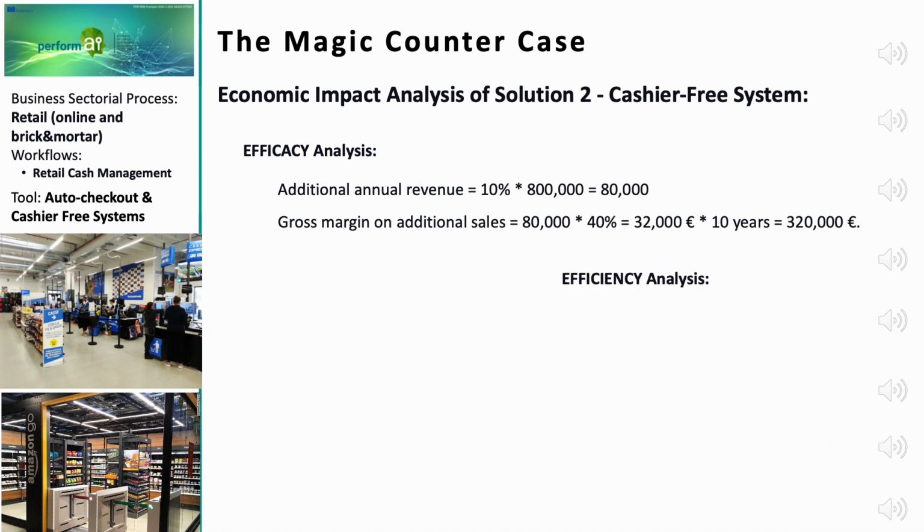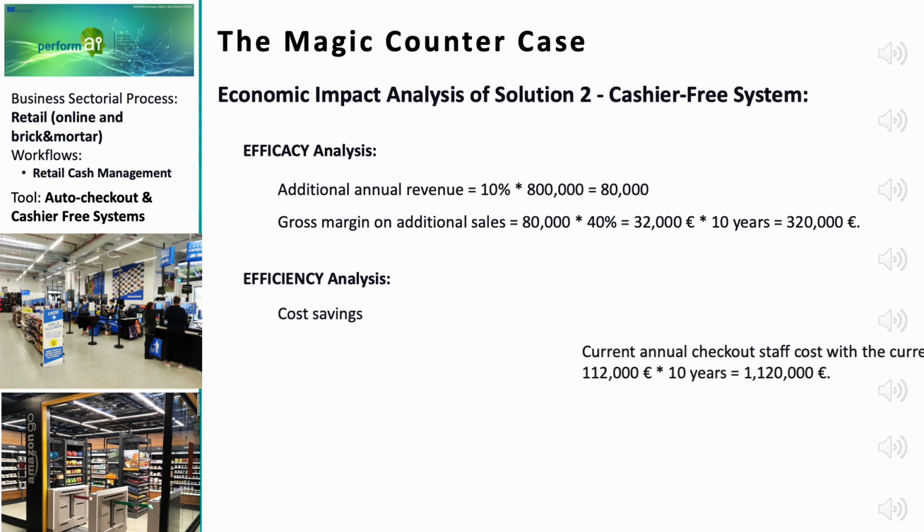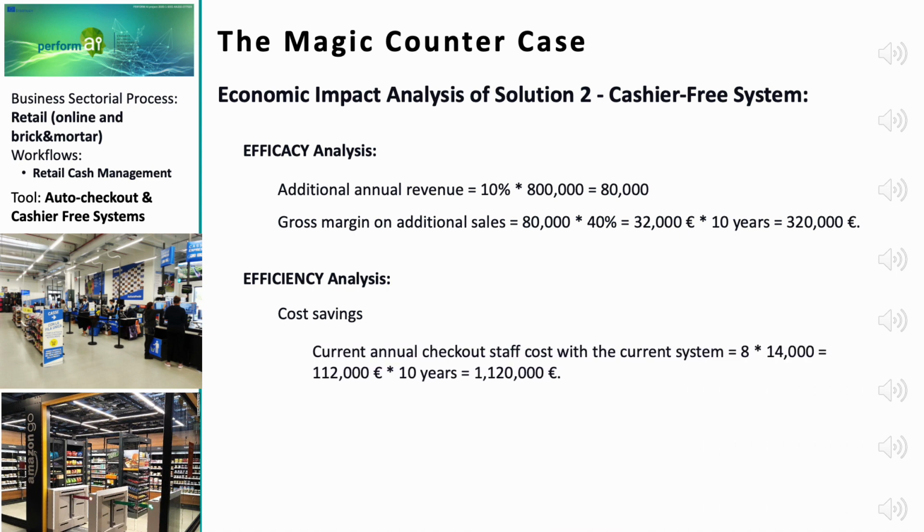Efficiency analysis. Cost savings. Current annual checkout staff cost with the current system equals 8 multiplied per 14,000 is equal to €112,000 multiplied per 10 years equals €1,120,000.